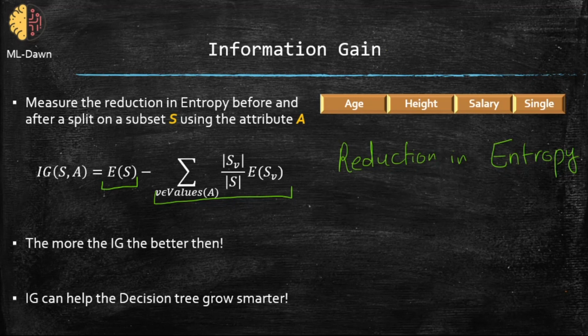using my attribute A. Let's say I chose attribute A, whatever it is, and I did the splitting, and I make a nice weighted average across all the resulting subsets after the split.